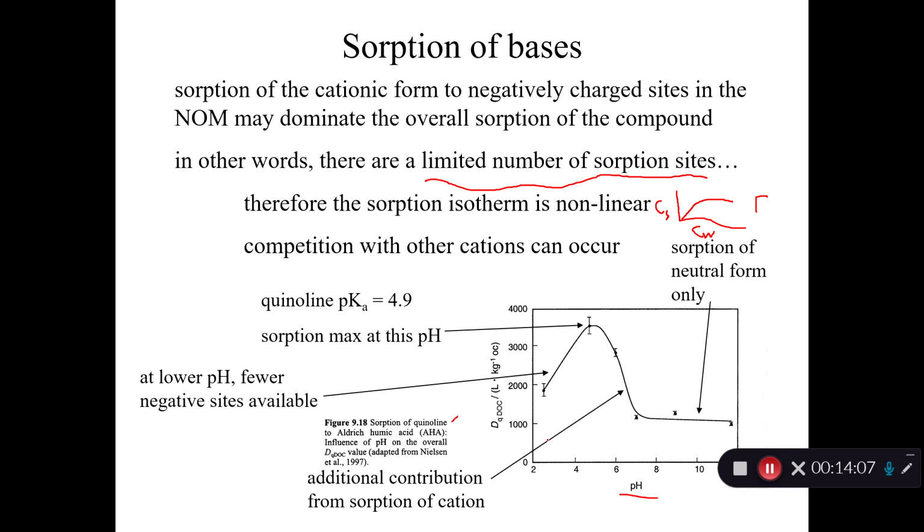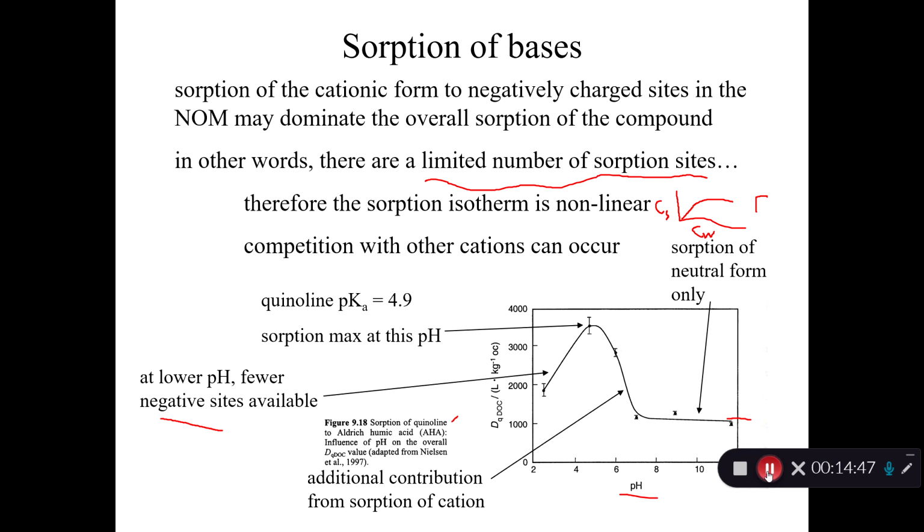At very low pHs, the quinoline is protonated, but so are all of the sites on the natural organic matter. So any attraction between the two is really just a hydrophobic type interaction. But there's some optimal pH where the quinoline is still neutral, but the natural organic matter is negatively charged, and you can get some electrostatic attractions.